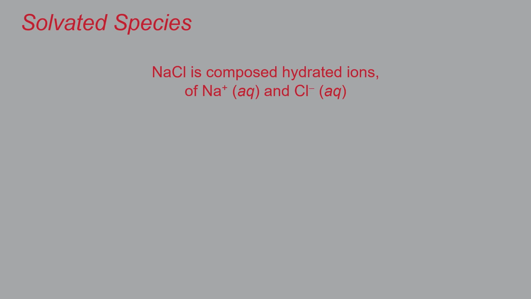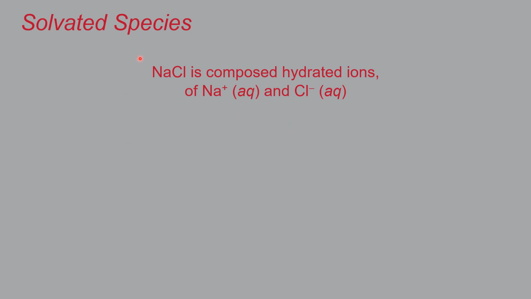All right, so now let's talk about what is actually in these solutions. This is kind of a review. A sodium chloride solution and things like it would actually be composed of what we call hydrated ions, so ions that are interacting with the water molecules. And this is what that AQ means, aqueous, which means simply dissolved in water.